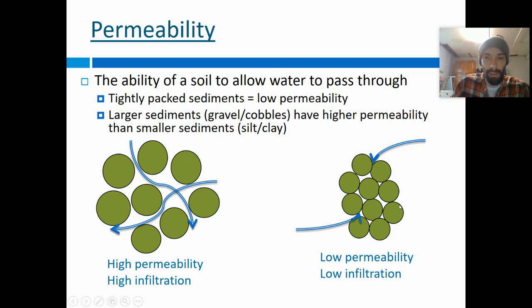Now, if they're really tightly packed together, obviously it's hard for water to get through. If it's loosely packed, then it's really easily getting through there. Also, bigger particles have bigger gaps between them, and therefore they have a higher permeability. Whereas smaller sediment, like silt and clay, there's not really large gaps here, and therefore water can't get through there, and therefore it does not permeate. So it's got a low permeability.